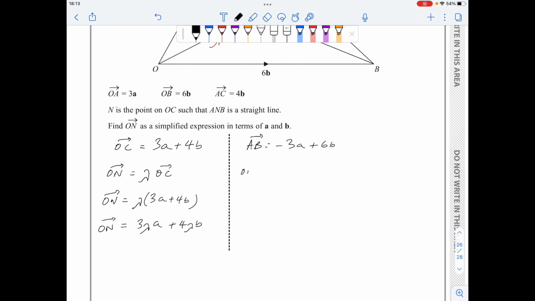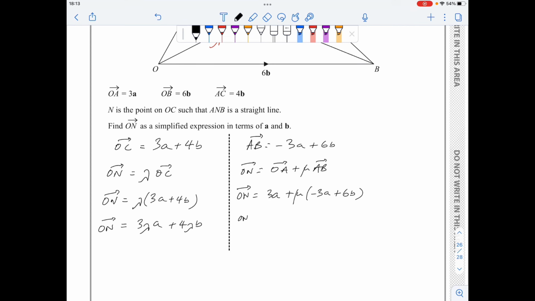Then ON is equal to OA plus mu times AB. So ON is equal to 3A plus mu times (minus 3A plus 6B).